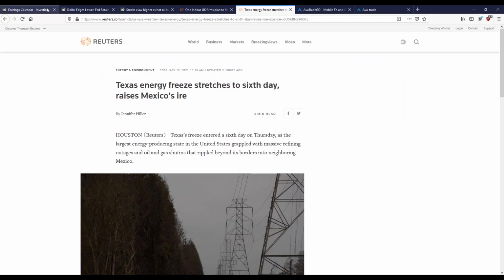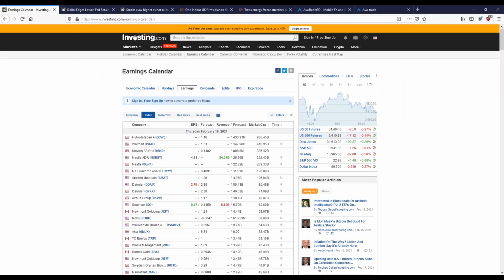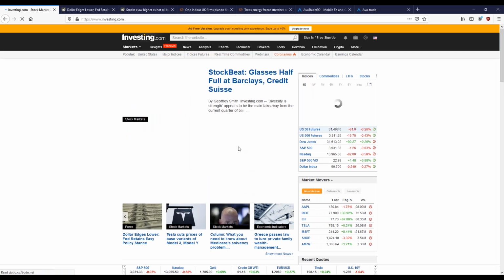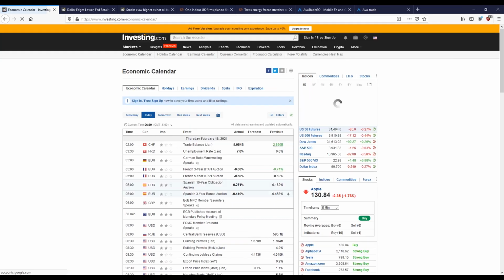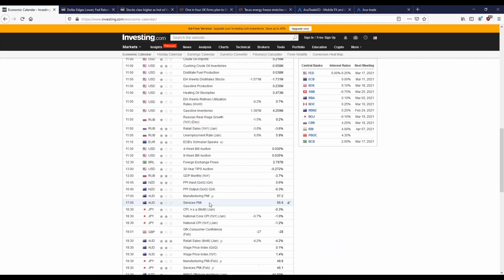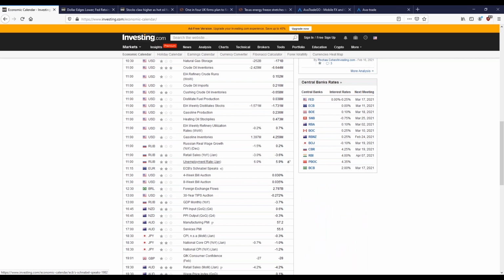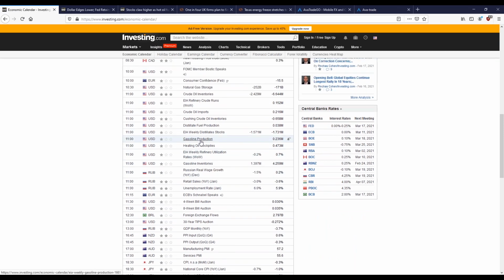If we go back to investing.com and we go to the economic calendar, instead of the earnings calendar, go to the economic calendar, and crude oil inventories are listed here. Gasoline inventories are coming as well. And here's the crude oil inventories report coming in here.